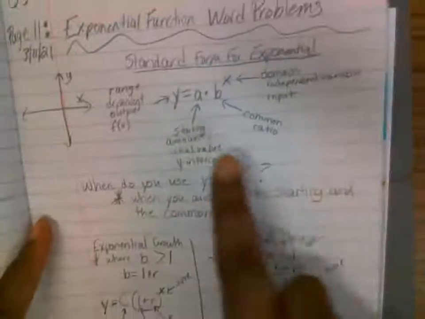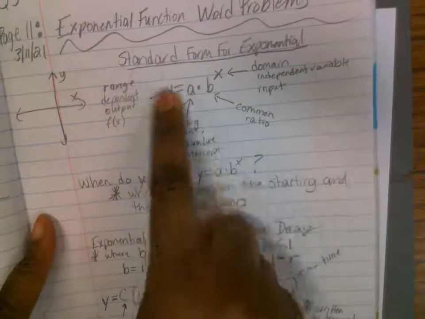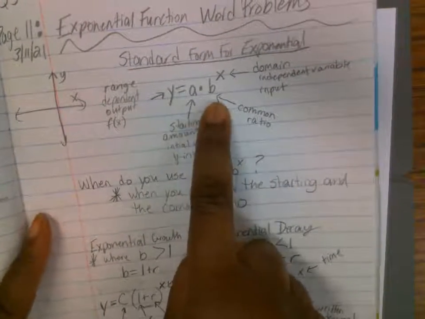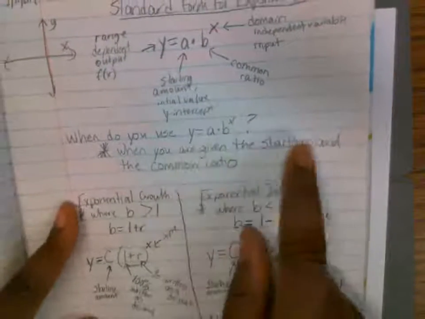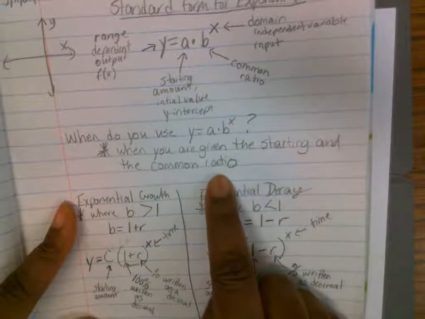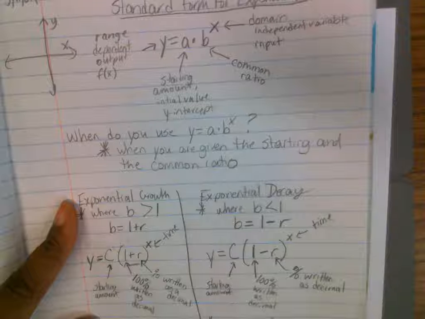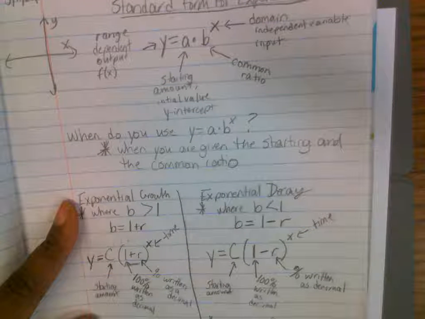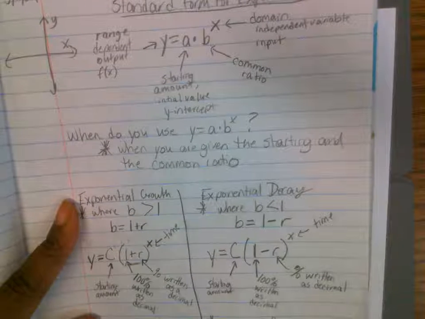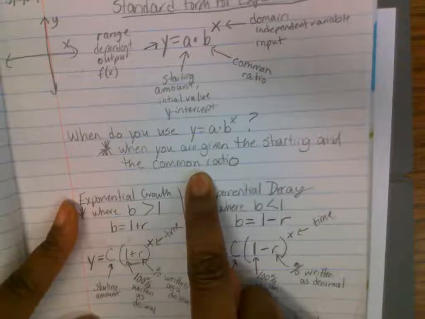All right, so this right here, standard form for exponential functions, you use this when you are given a starting amount and the common ratio. Remember, the common ratio is the number that's being multiplied to get the next number in that function.